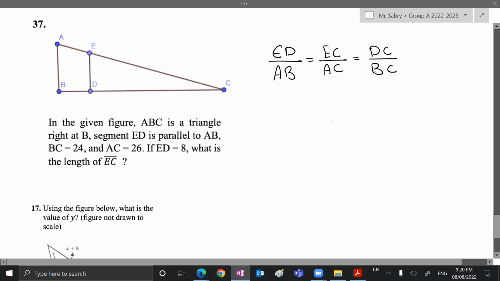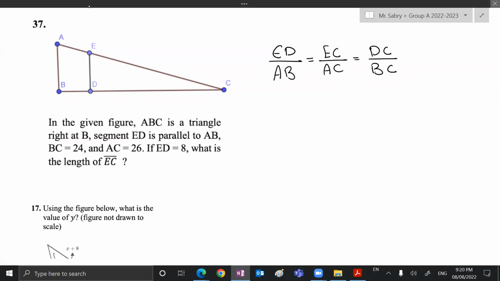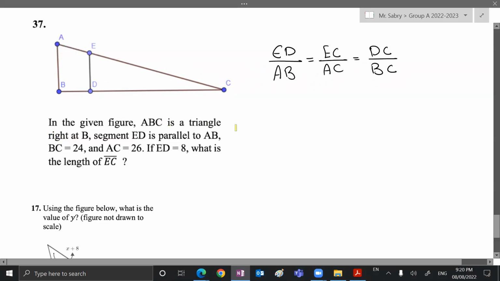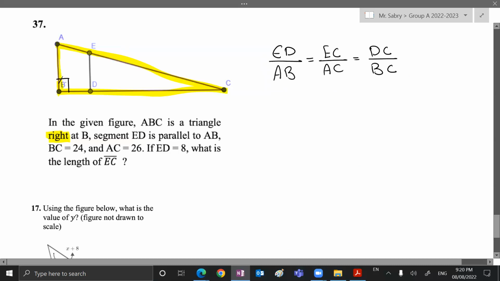I don't know if I'm given anything out of this or not. And then I started reading the question. When you read the question, they say that ABC is a right triangle at B. So I'm now thinking of this big triangle ABC, and I know that if it's a right triangle, this angle right there is 90 degrees.